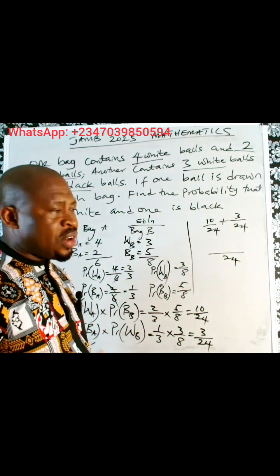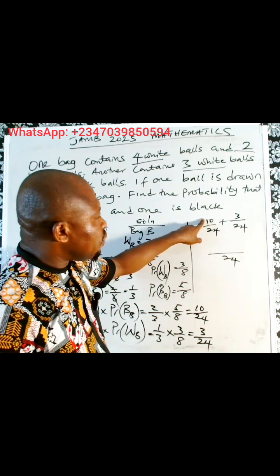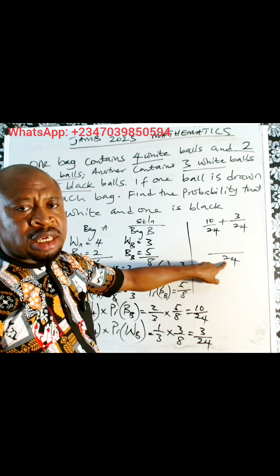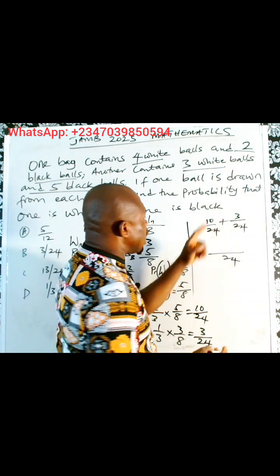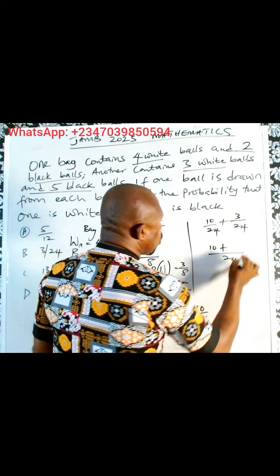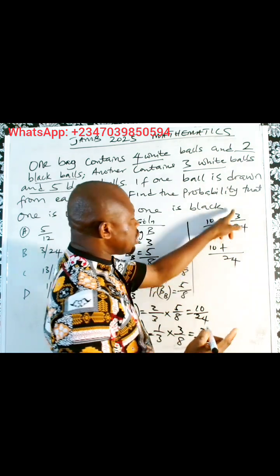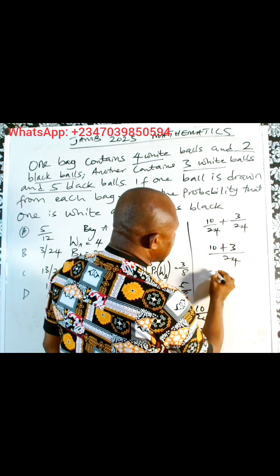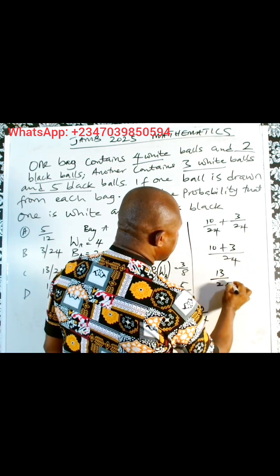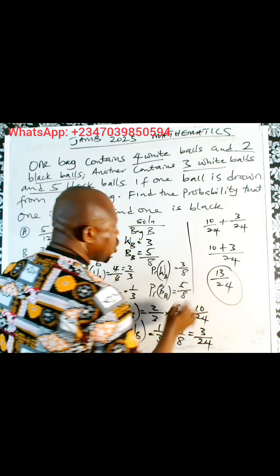You know how to add fractions. 24 divided by 24 gives us 1, 1 times 10 will give us 10, plus 24 divided by 24, 1 times 3, which will give us 3. And then we have 10 plus 3, which will give us 13/24. And the 13/24 is option C, which is the correct option.